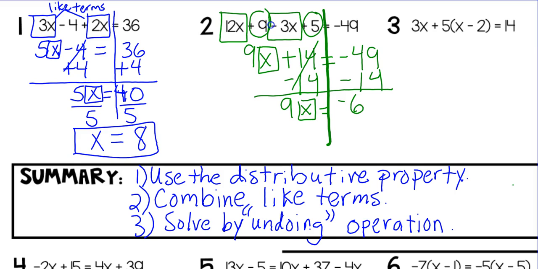Negative 63. All right. 9x means multiplication. How do I undo multiplication? Division. I'm going to divide both sides by what number? And then x is equal to negative 7.